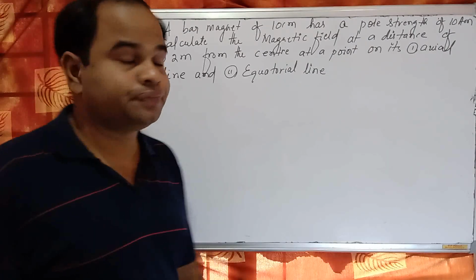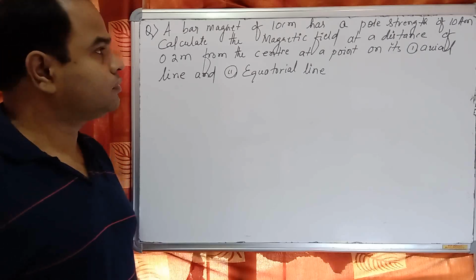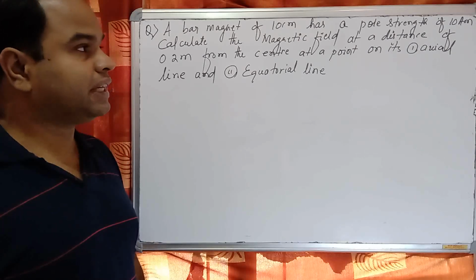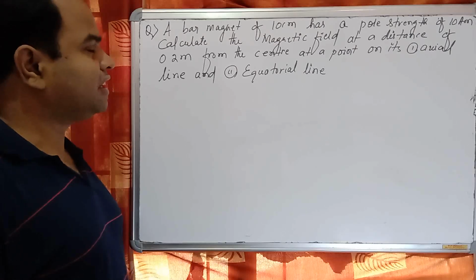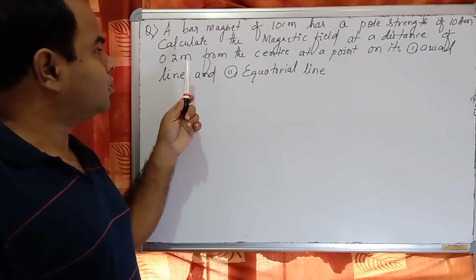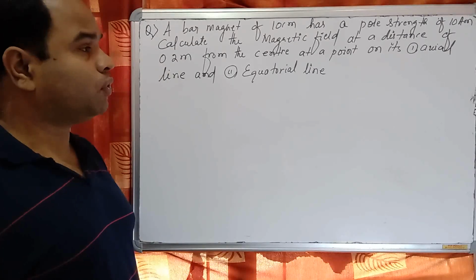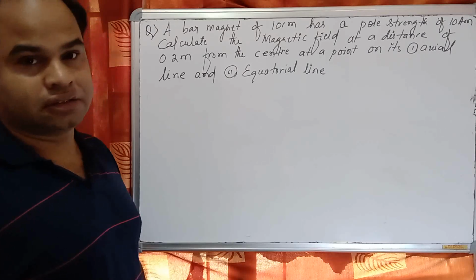Next question is: a bar magnet of 10 cm has a pole strength of 10 ampere meter. Calculate the magnetic field at a distance of 0.2 meter from the center at a point on its axial and equatorial line.